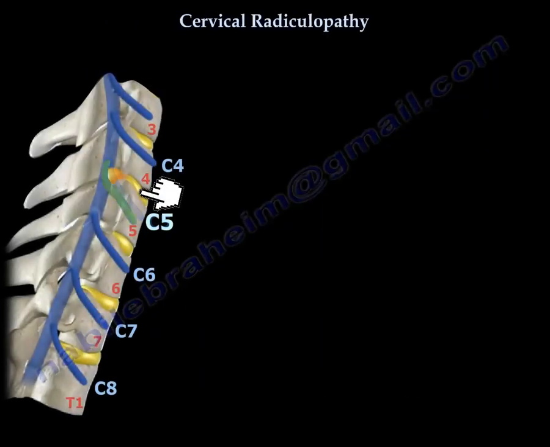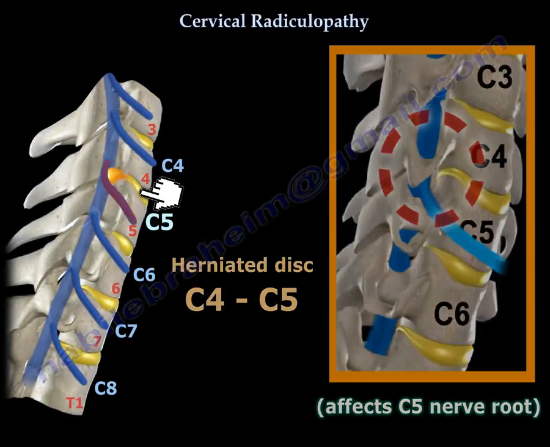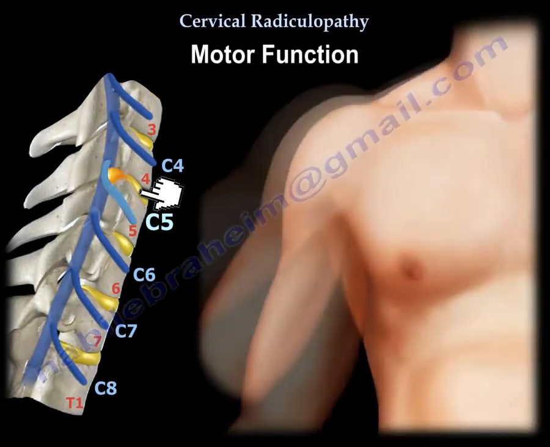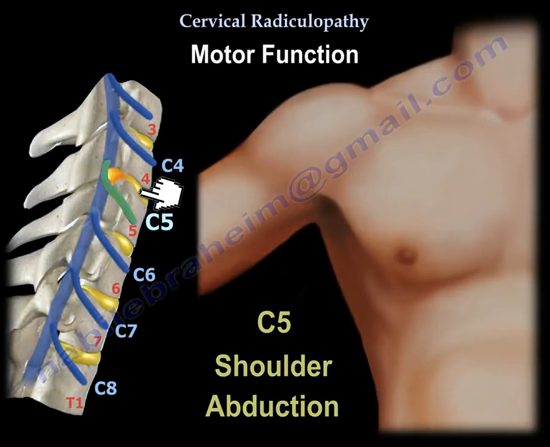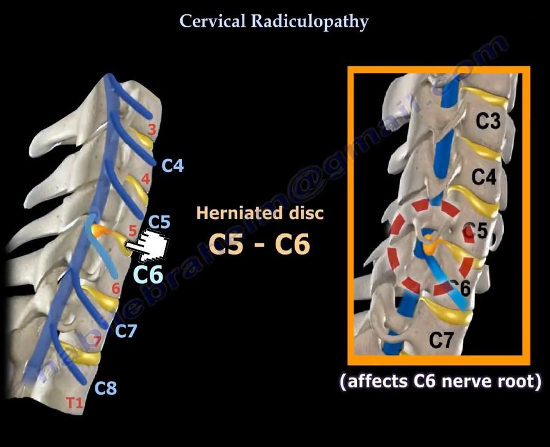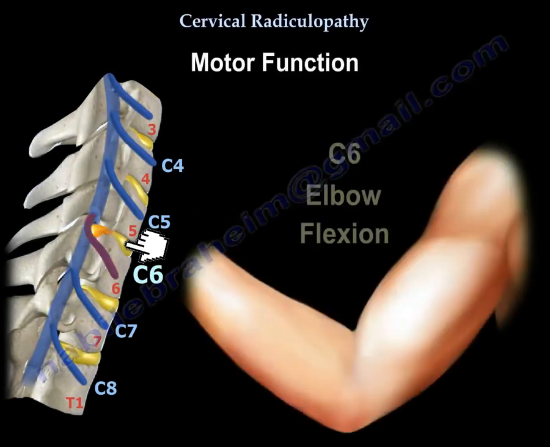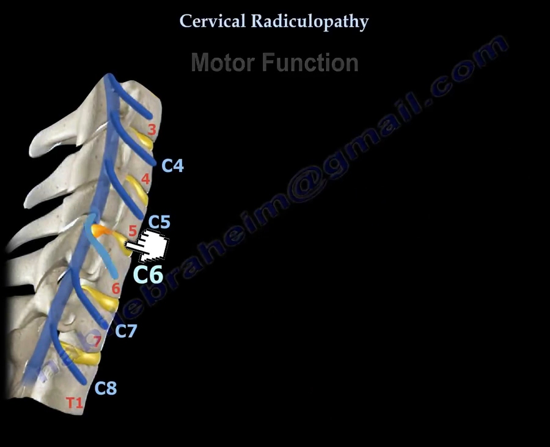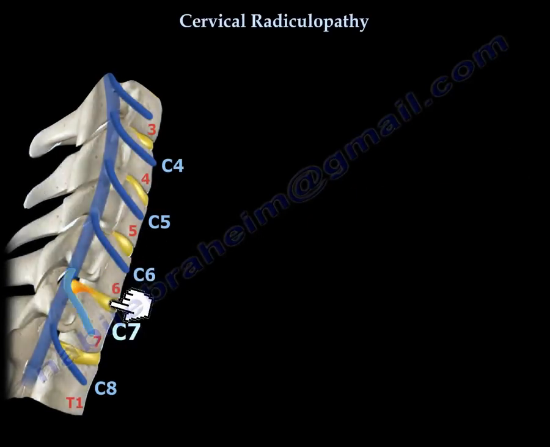You can add shoulder abduction C5. And elbow flexion will be C6. Elbow extension will be C7.